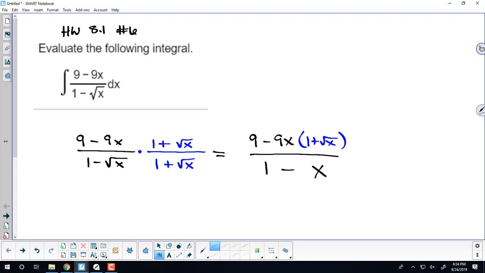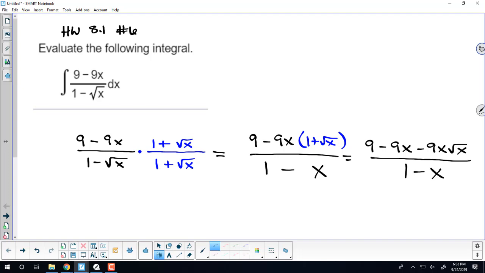So I don't know, that doesn't look much better, right? In terms of integrating it, we have a 9 minus 9x minus 9 root x on top, minus 9x root x. So although we just have powers of x on the top, we still have that denominator to contend with.